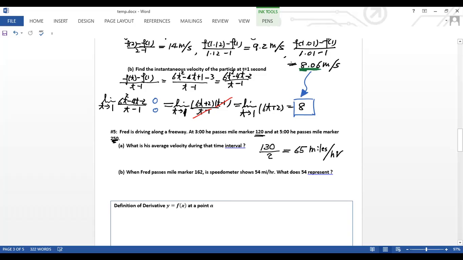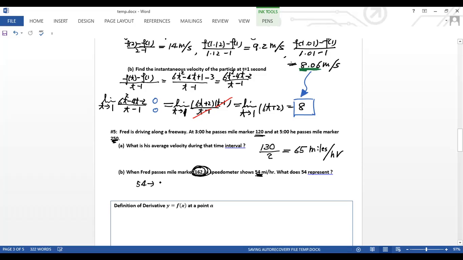Okay, so now the second question says, when Fred passes mile mark 162, the speedometer shows 54 miles per hour. What does the 54 represent here? We know that at this specific moment, at mile marker 162, right? So this 54 is what?